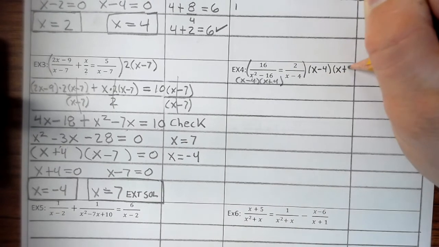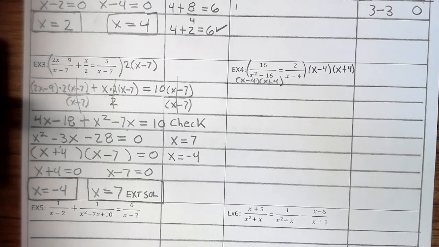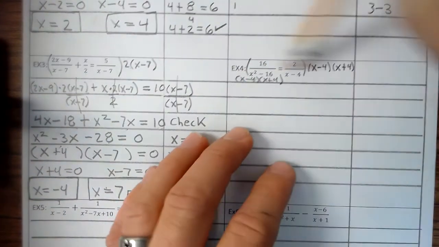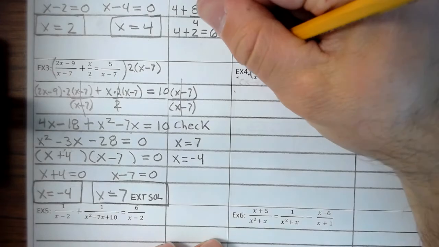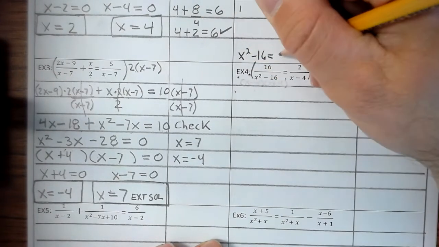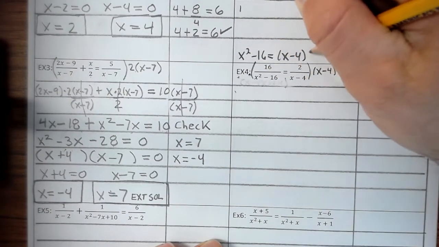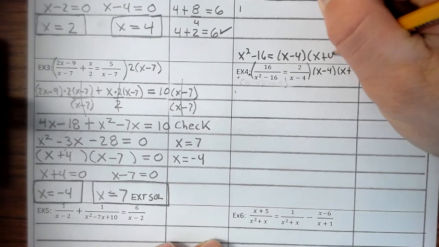That might be a little hard to see, so let me write it right here. So we know x squared minus 16 is equivalent to x minus 4 times x plus 4. Okay, so we know we're multiplying everything by x minus 4, x plus 4.